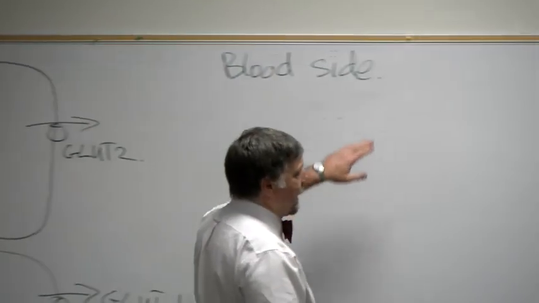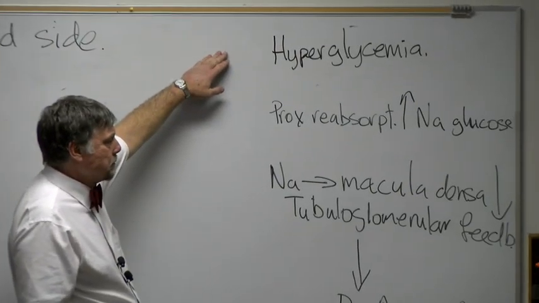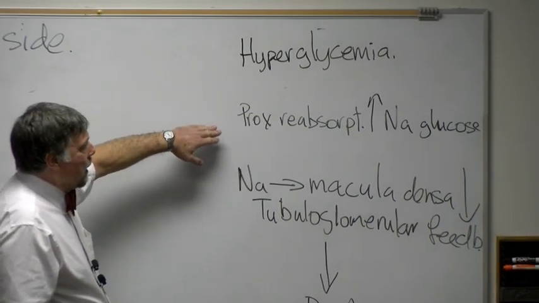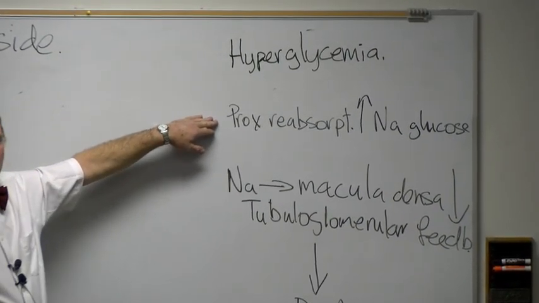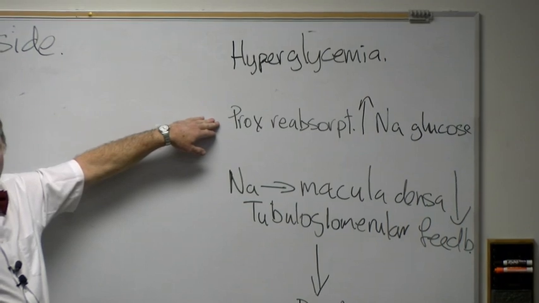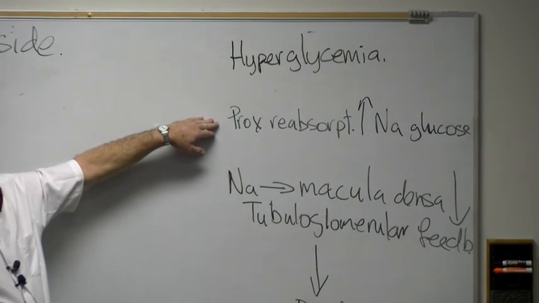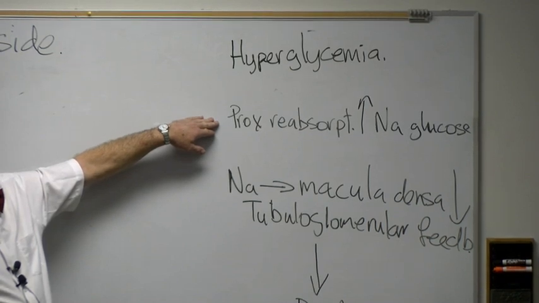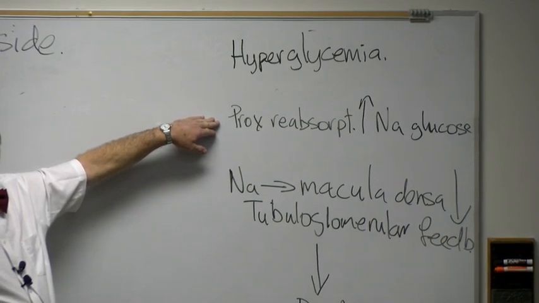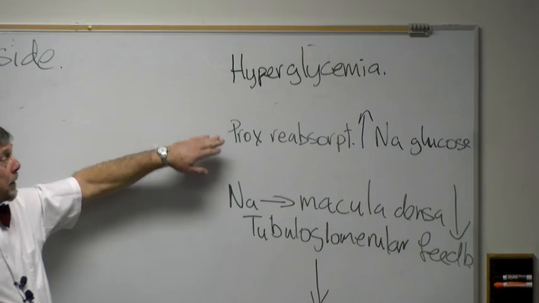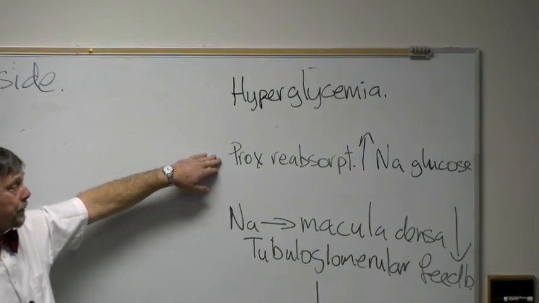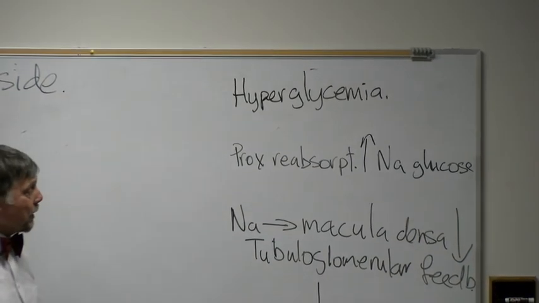In a diabetic, you have hyperglycemia, and so you have the proximal tubule working harder to reabsorb sodium and glucose. Okay, because you've got more glucose that appears in the proximal tubule. Hyperglycemia, higher filtered amount, and therefore you have to reabsorb more.